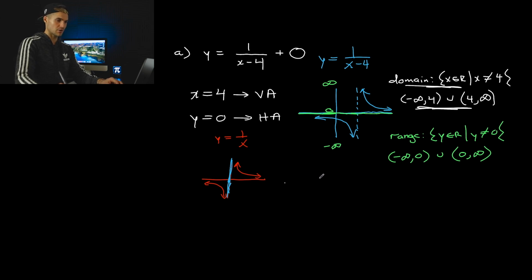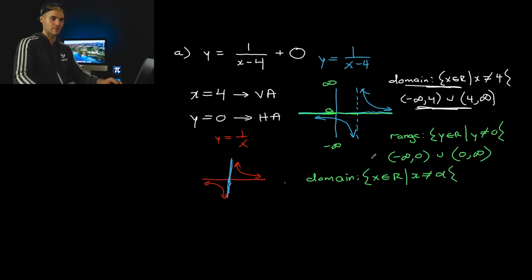And actually, just in general, I think this will be useful for you to write down for 1 over x in particular. And again, going to mention this in a few sections anyway, but a little repetition doesn't hurt. Just in general, the domain for a transformed 1 over x function, it's always going to be x ∈ ℝ, x cannot equal the vertical asymptote, which is the d value of that transformation format that I had before.